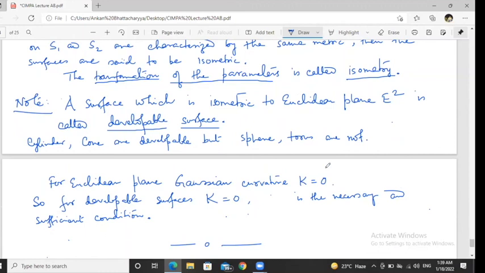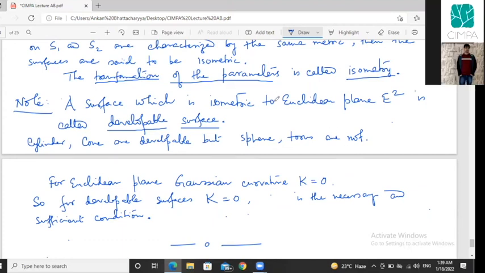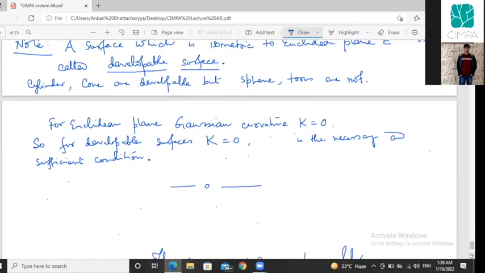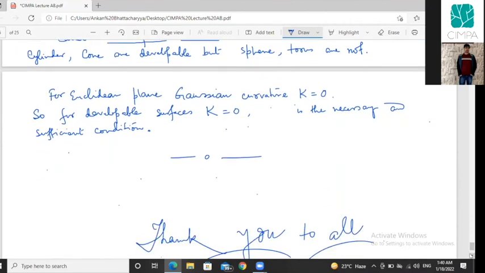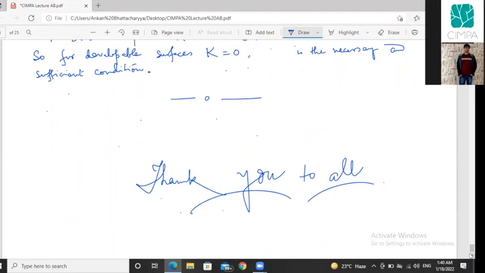So for developable surfaces, Gaussian curvature 0 is the necessary and sufficient condition. So this is all the revision done about some Riemannian geometry. Thank you all for listening.